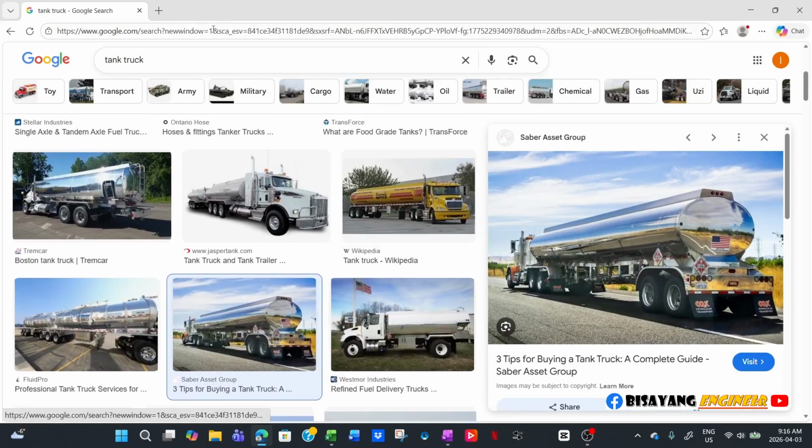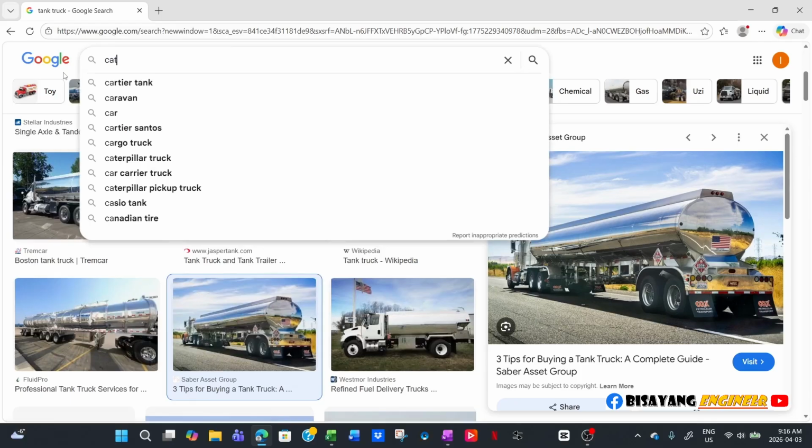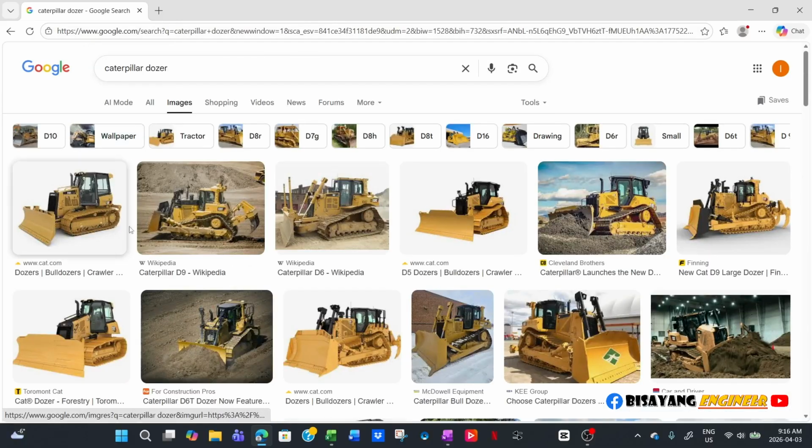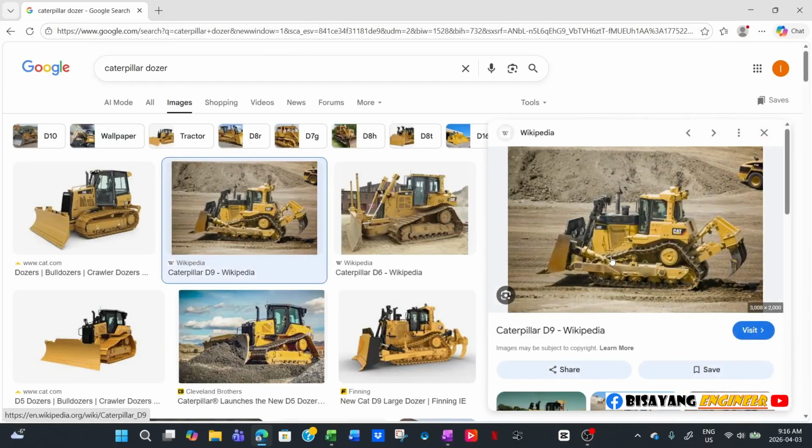Or if you have a Caterpillar dozer like this one. Imagine if you're a mechanic shop and you have equipment like this coming in and out of your shop. So this is really heavy.